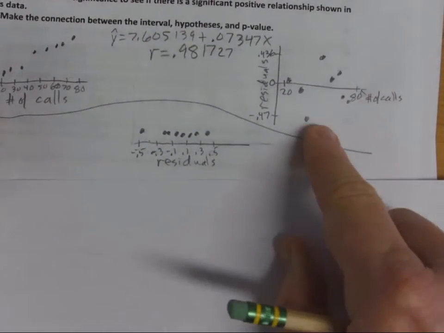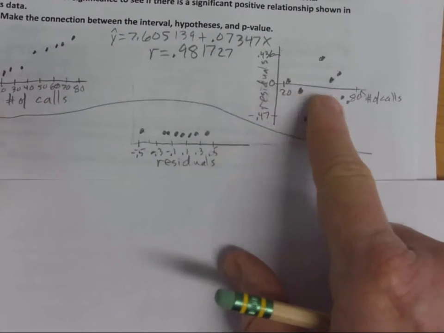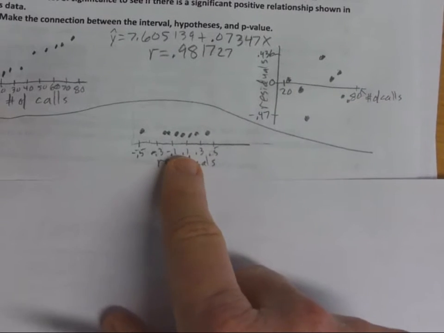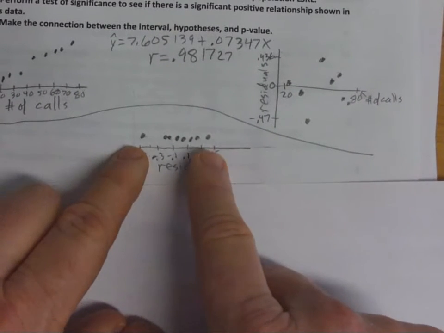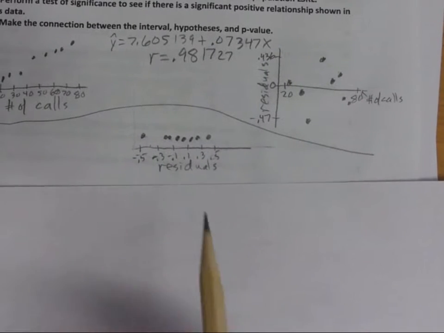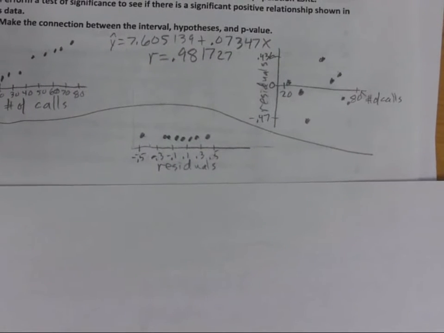A residual plot is plotting the residual as it relates to the x variable. Okay, that's a residual plot. But in essence, your graph of the residual is just taking the numbers of the residuals, and you can make a histogram out of them. Here, there's only 8 numbers, and so I just made a dot plot. We just need to know that there's not any outliers or strong skewness, and there's no outliers or strong skewness, so we feel good about normality.